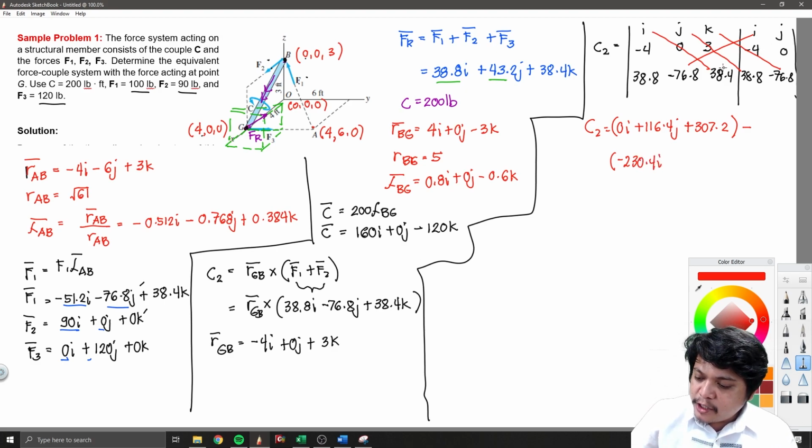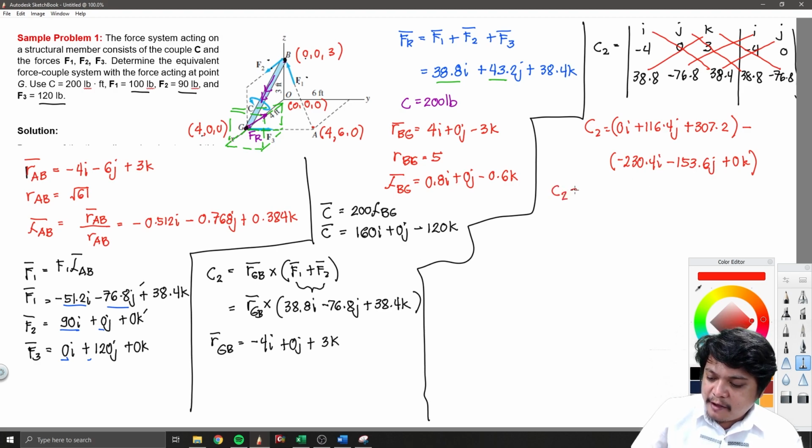And then, for the j, ito naman yung j. So, that is negative 4 multiplied it by 38.4. So, minus 153.6 of j. And lastly, ito. So, plus 0k. Okay?